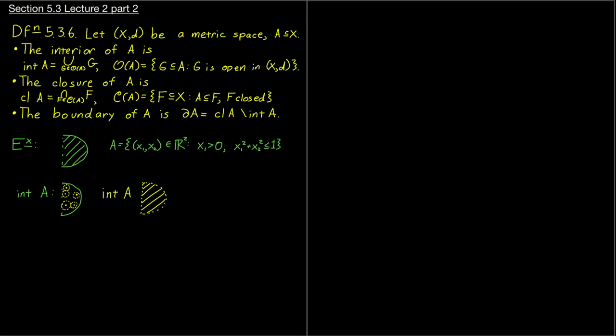And then the closure of A, we're going to take all the closed sets that contain this thing, and then we just shrink them down as small as we can. And at the end of the day, the closure is this half circle with all the bits on the edge.